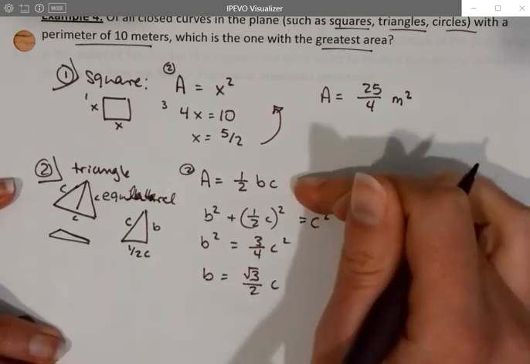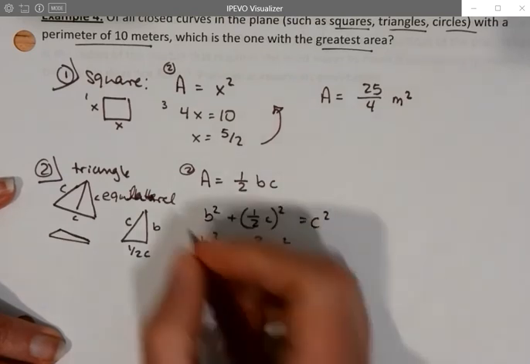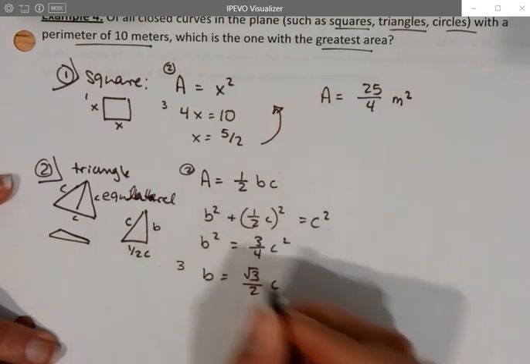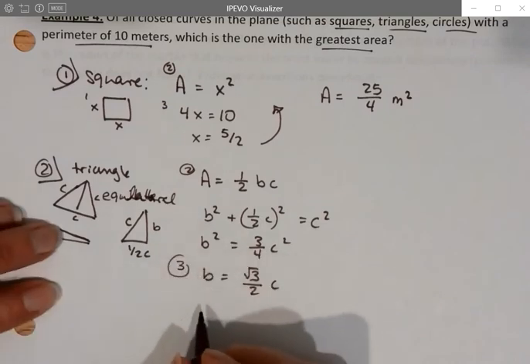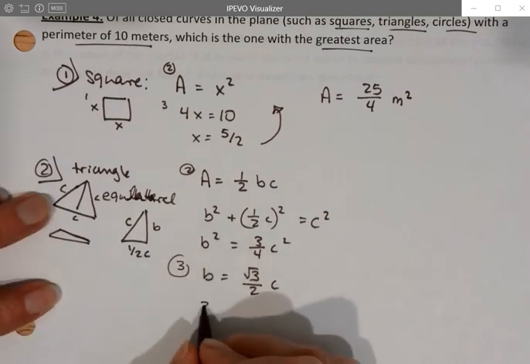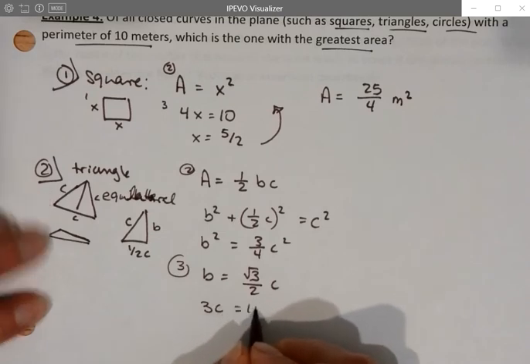So I can plug that in; this is part of step 3. The other part of step 3 is that since it's equilateral, all the edges, so 3C all the way around, has to equal 10.